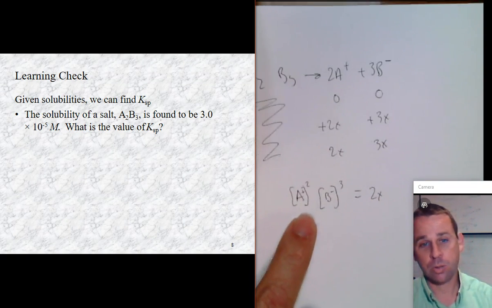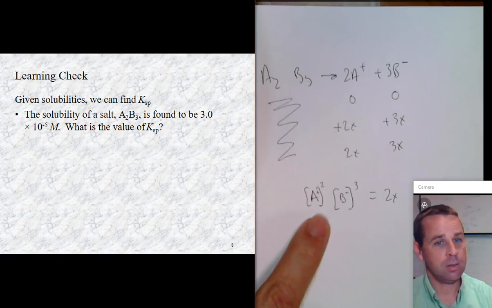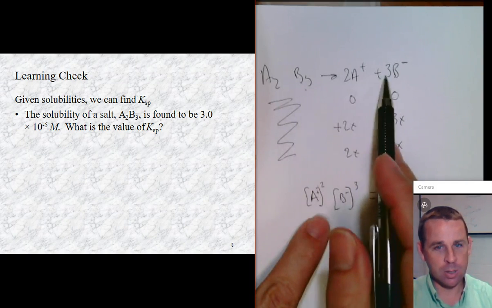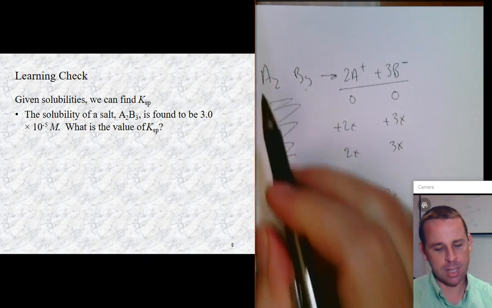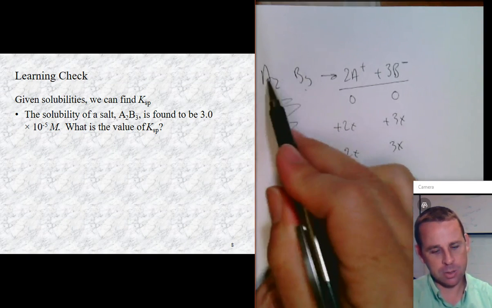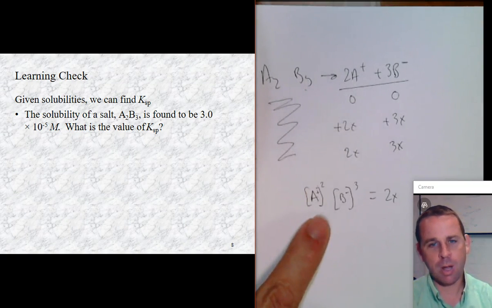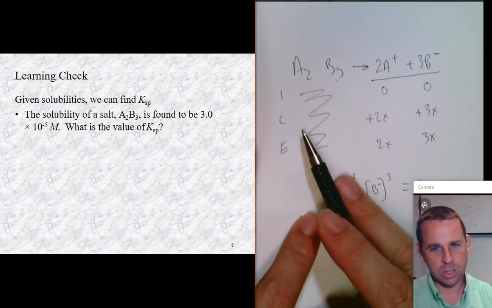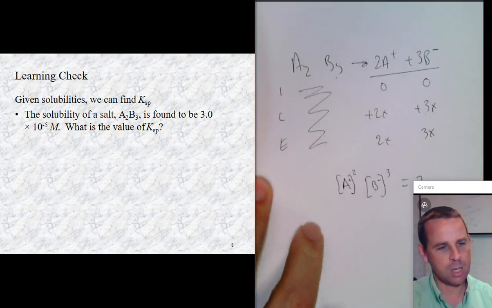All right, so you guys finished up yet? Let's go over it together. We have a salt, it's going to dissociate like this. We had to recognize that that's the ratio of ions, because we were told that it was a salt, and we see 2 As, 3 Bs. We had to recognize the change. The change was going to be plus 2x because there's a 2 here, and plus 3x because there's a 3 there.